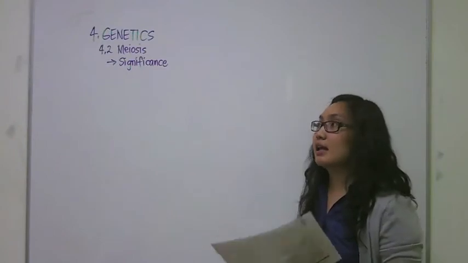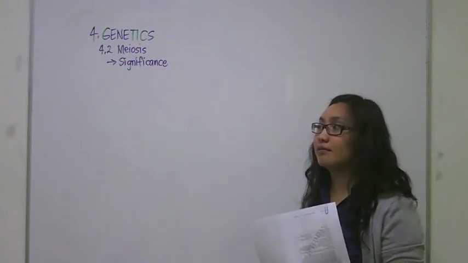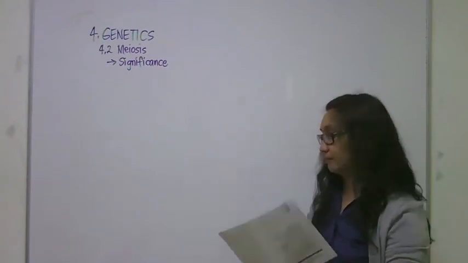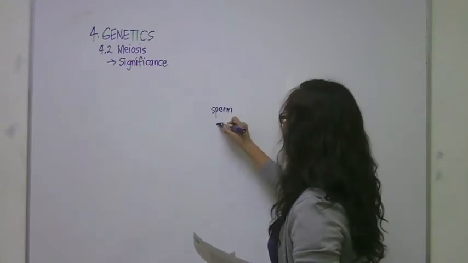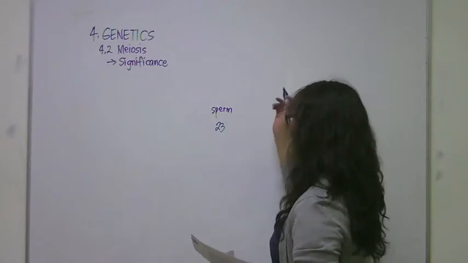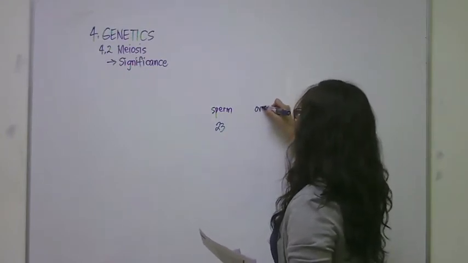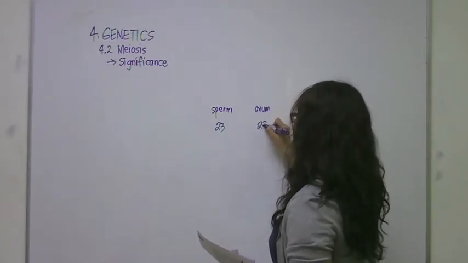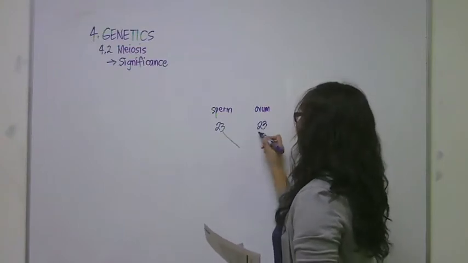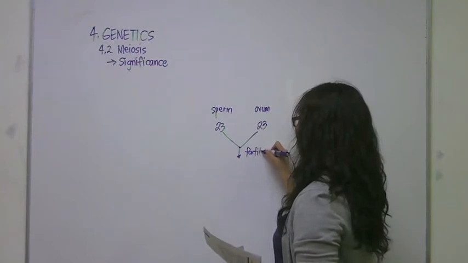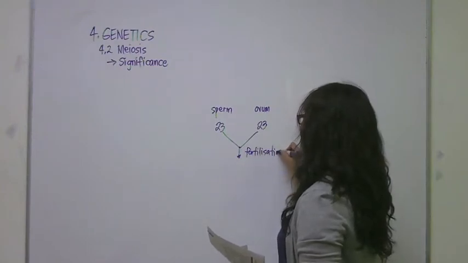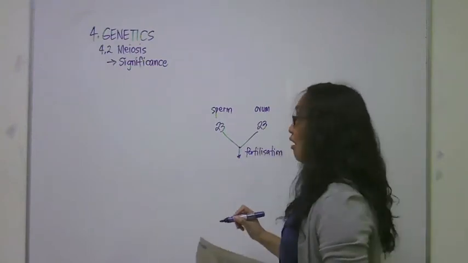It's because if the sperm cell is going to have 23 chromosomes, and the ovum is going to have 23 chromosomes as well, when they fuse together in the process of fertilization, fertilization is going to restore the diploid amount of chromosomes.